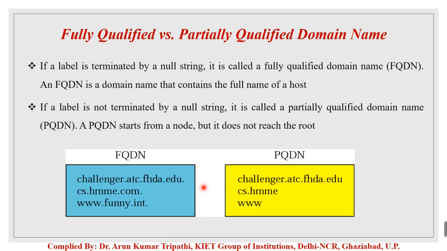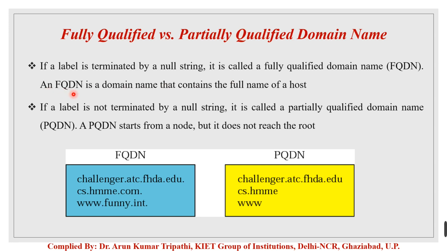So there are two types of domain names, fully qualified and partially qualified domain names. If the label is terminated by a null string, that is, ended with a null string, it is called a fully qualified domain name.